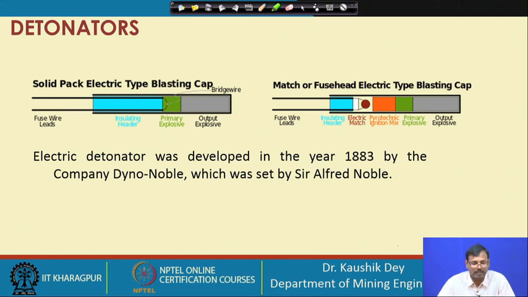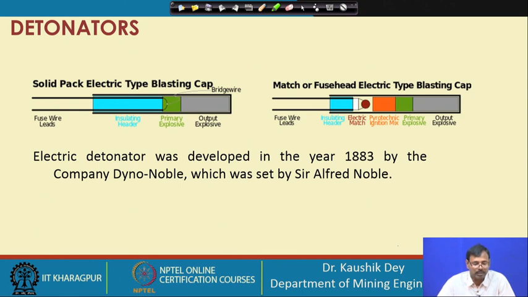So, it was felt that the exact time of blasting should be within the control of the person using it, and for that they felt that electrical blasting may be better than ordinary blasting where the flame is given. So, in 1883 the Dyno Nobel company, which was initiated by Sir Alfred Nobel, developed the first electric detonator, and basically two types were developed initially.